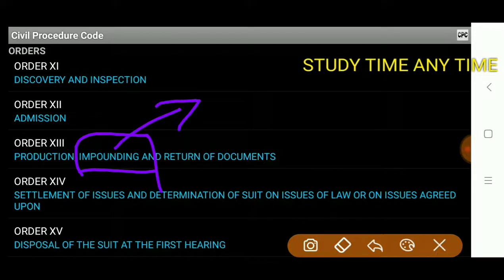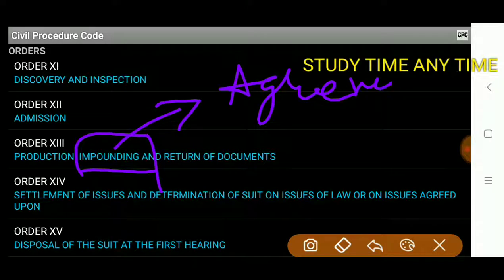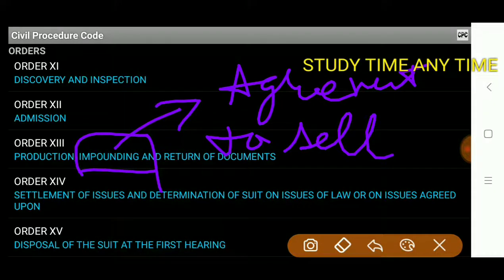For example, one is saying that he has an agreement to sell in his favor, but the plaintiff is saying that he is ready and willing to perform his part of the duty, but the other party is not performing, and he has filed a suit of specific performance, and that document, that agreement to sell, does not have the proper stamp.